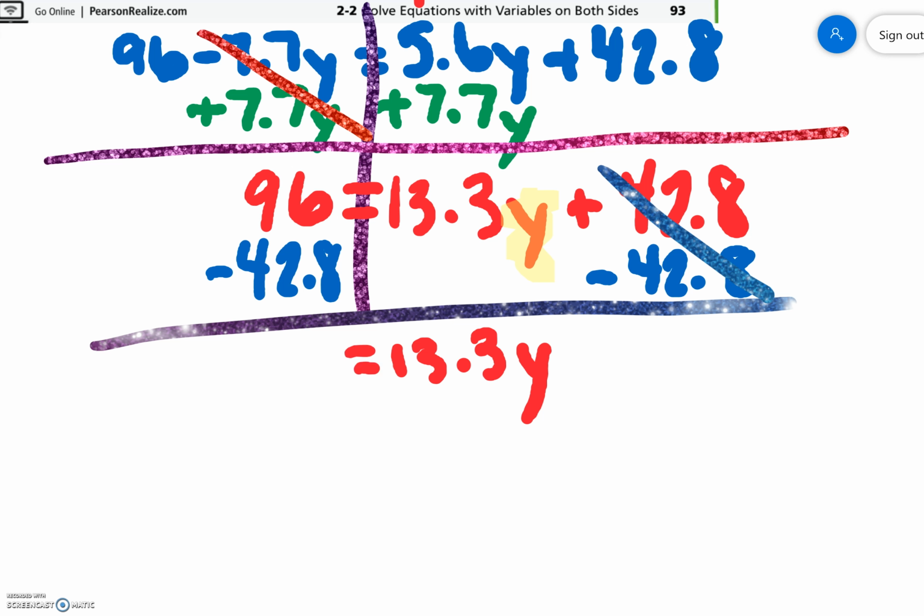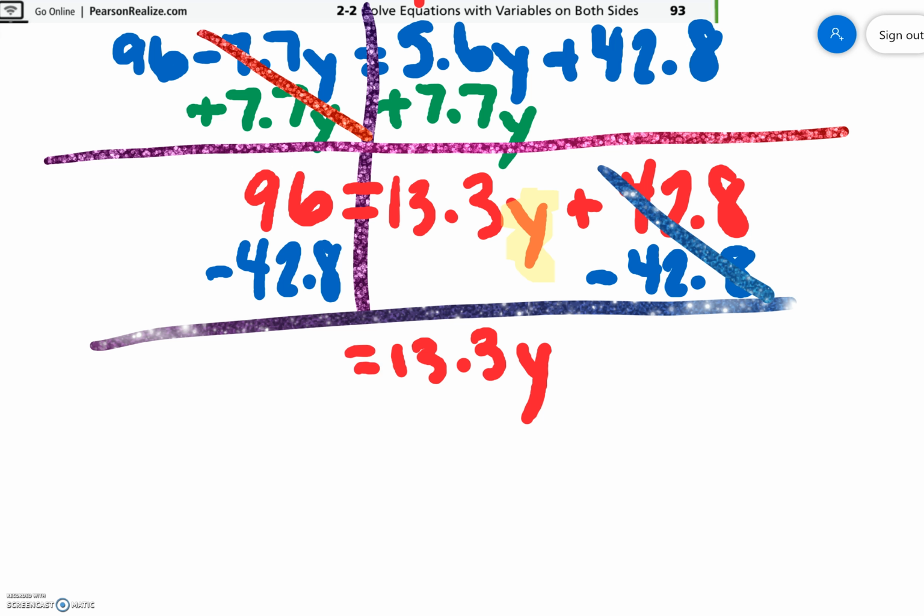Last but not least, still trying to get y by itself. 13.3 is being multiplied, so we're going to divide both sides by 13.3. So y equals 4. And that is our final answer. If you wanted to check, you could substitute it back in.